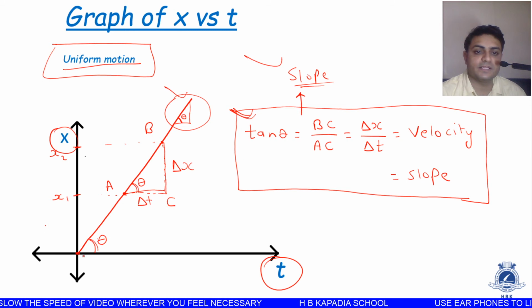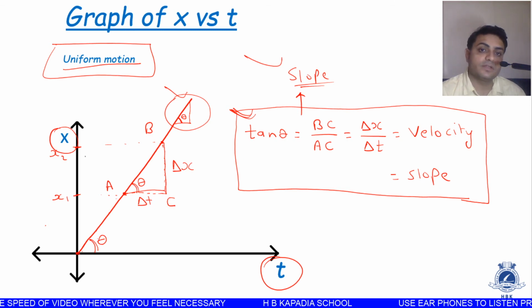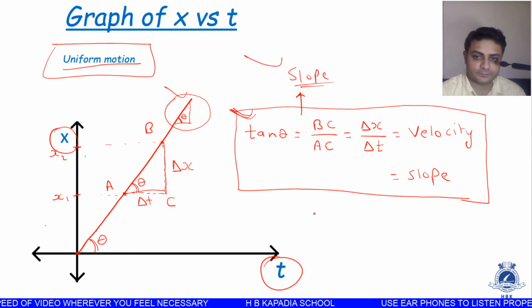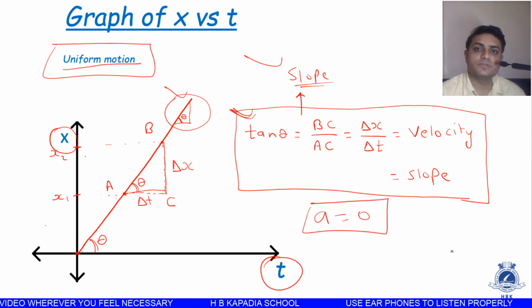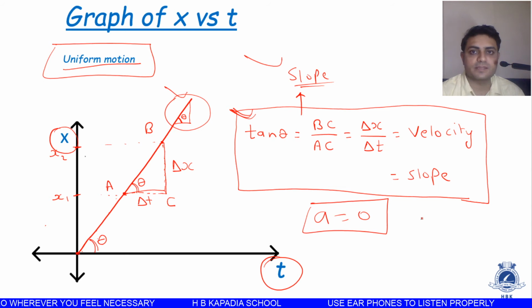Therefore we can say that at each and every point of this line the velocity remains constant. So if the velocity is constant, then acceleration is always 0.